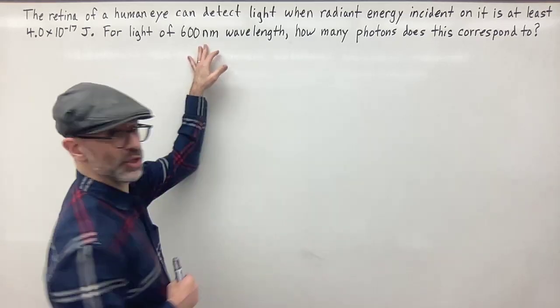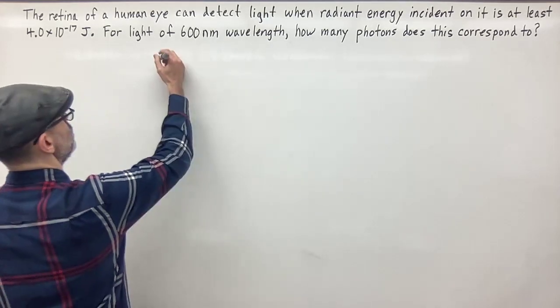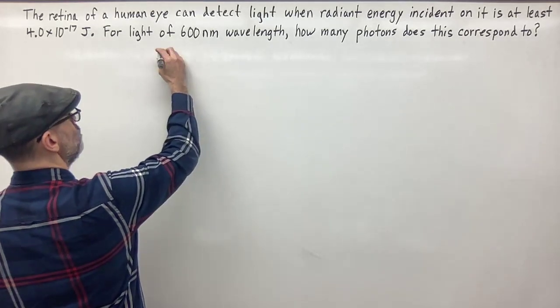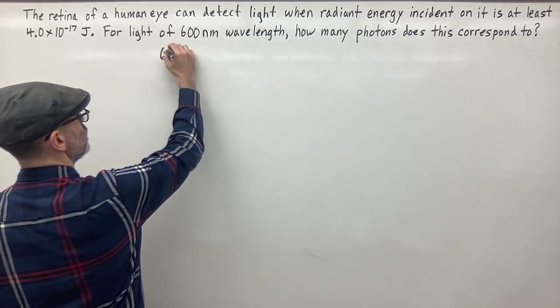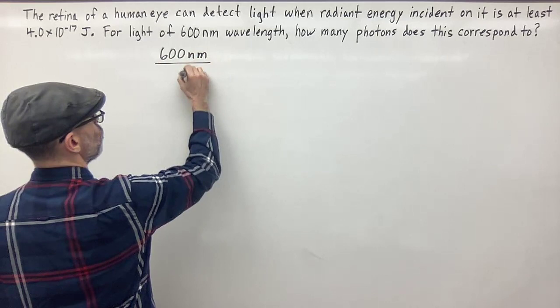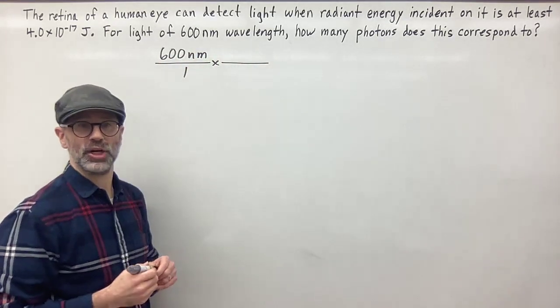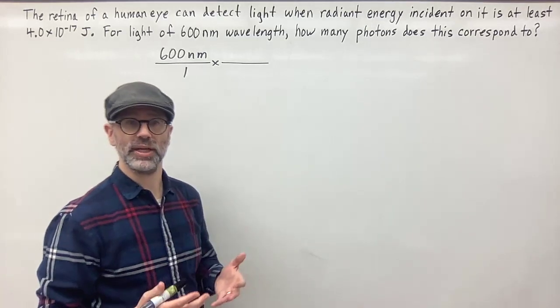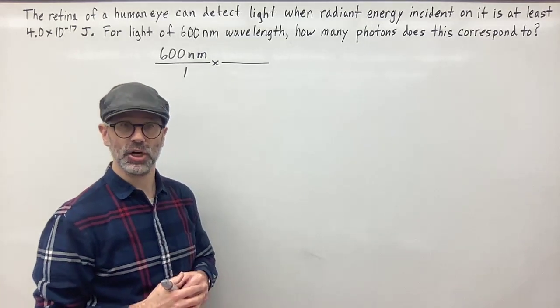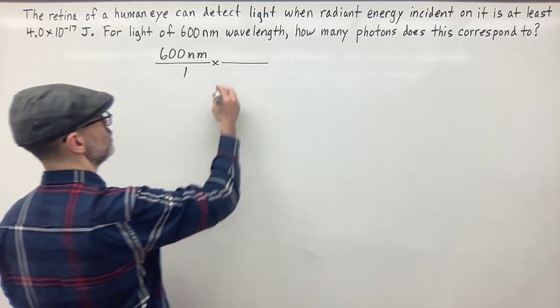The first thing we want to do is convert nanometers to meters. Start with 600 nanometers over 1. I know that 1 nanometer is equal to 1 billionth of a meter, or 10 to the negative 9 meters, so I'm going to use that as a conversion factor.